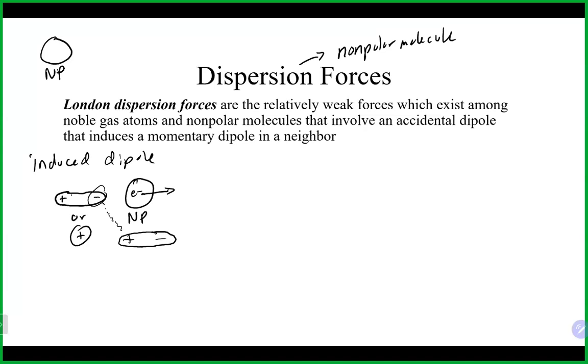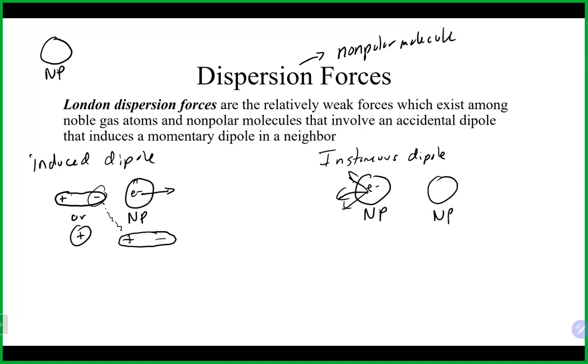Now, another way that this could happen is what is sometimes referred to as an instantaneous dipole. In an instantaneous dipole, what you have, for example, is two nonpolar molecules. Neither one of them has any type of charge, but it is possible that all the electrons flying around could decide, for example, in this molecule to all take a vacation over here and go this way.